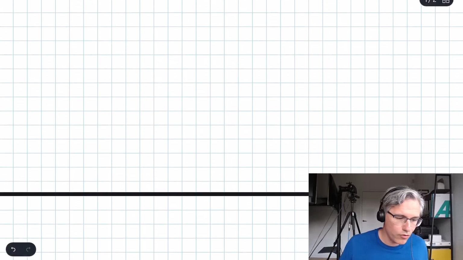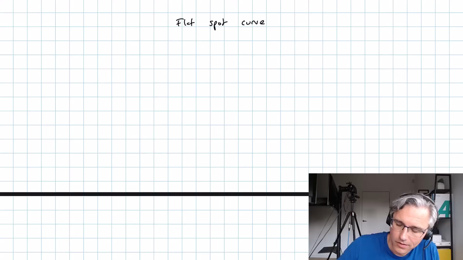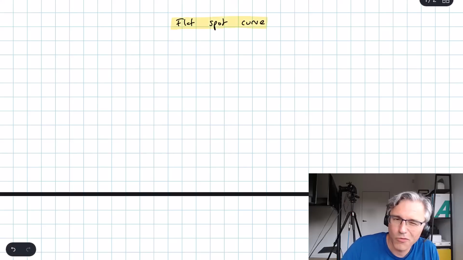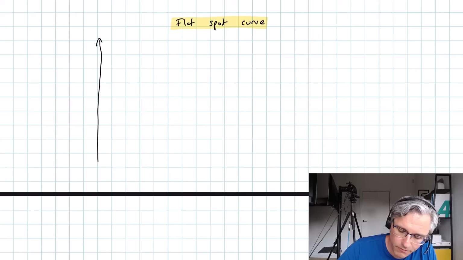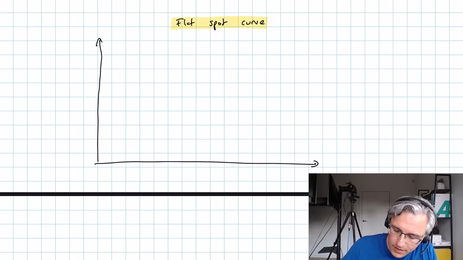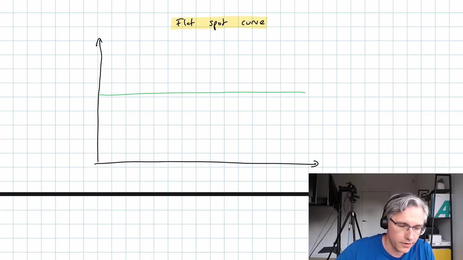There is one more, and that's what happens if you've got a flat spot curve. Obviously, that may happen more or less thereabouts, but never happens completely. But if you have a flat spot curve, that means instead of a curve, you've got a straight line effectively.